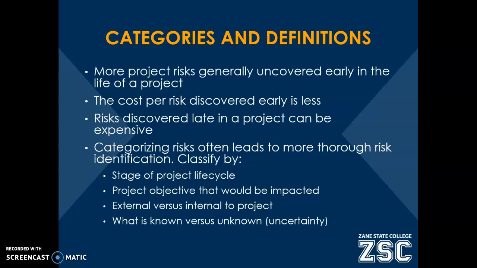You can categorize risks by looking at what specific objectives or success criteria they impact. You can organize risks as external versus internal, and you can also organize them according to their level of uncertainty.